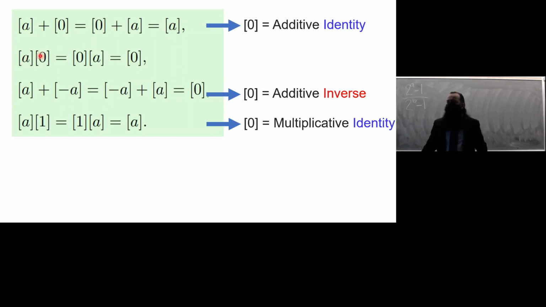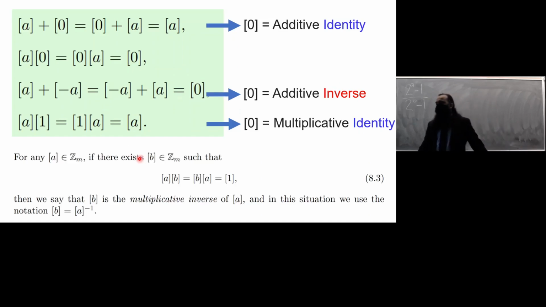I'm multiplying a by 0, and I'm not getting the multiplicative identity, 1. If I take a and multiply it by something and I get the multiplicative identity, then I have the multiplicative inverse. But here I'm getting something that's not the multiplicative identity, so 0 is not the multiplicative inverse.